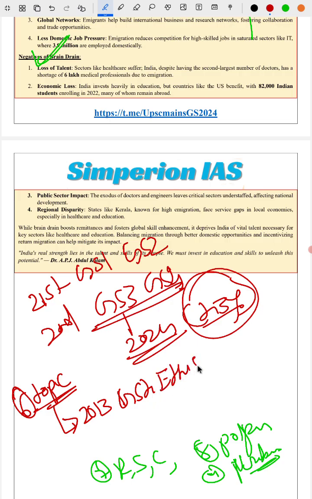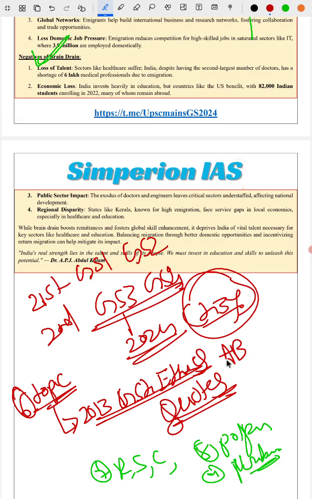Essay and ethics are completely different; you have to write 1000 to 1200 words. I'm not saying you can write an essay when you prepare for ethics, but that quote is already asked. It is not a new quote for UPSC. That particular quote of Abraham Lincoln, about giving a man power and then seeing or judging his character, was already asked.